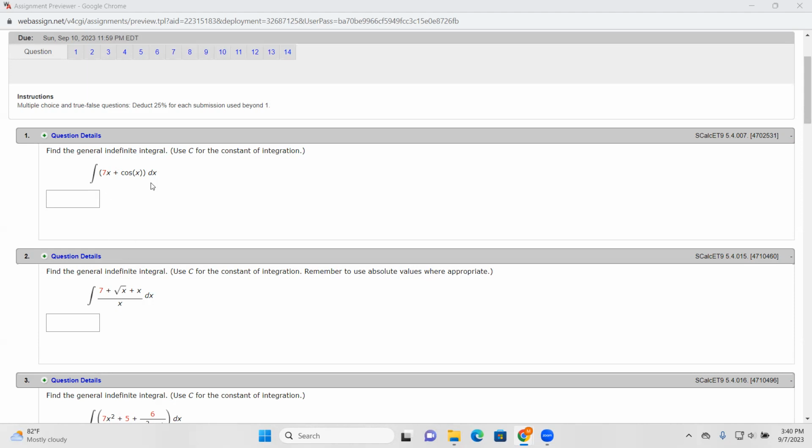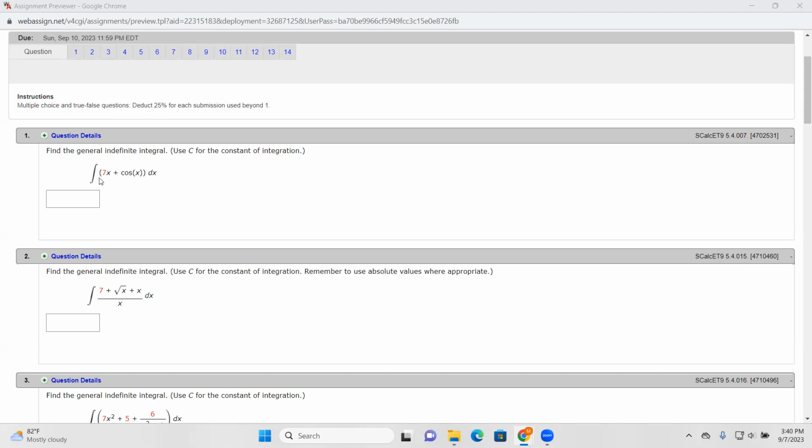But ultimately, like take this first exercise, we're just going to do what? 7x squared over 2 plus sine x plus C. So we're just finding the general expression for the antiderivative of the function of consideration within this integral.